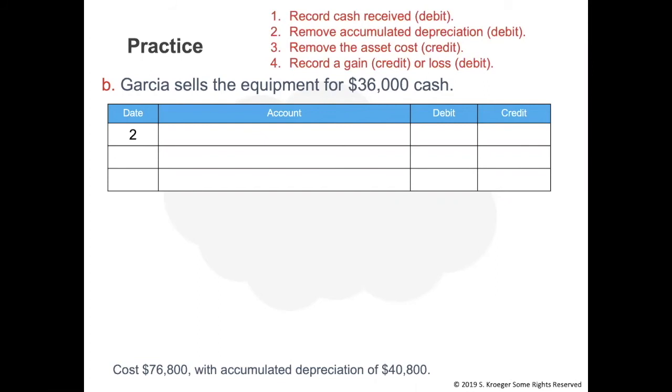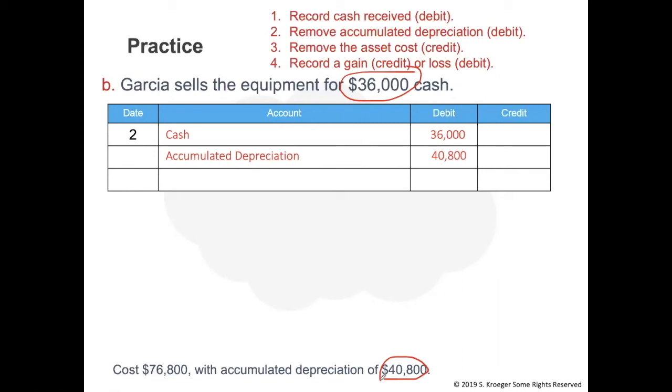How much cash was received in Part B? It was $36,000 cash. We will do a debit to cash for $36,000. Step 2, remove the accumulated depreciation. This is the same as in Part A. Accumulated depreciation was $40,800. We do a debit to remove that from our books.